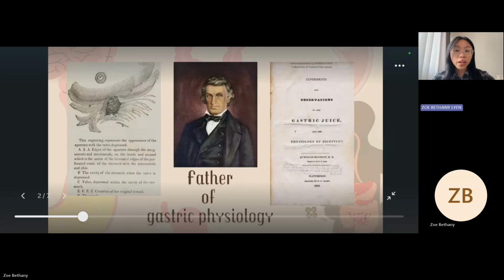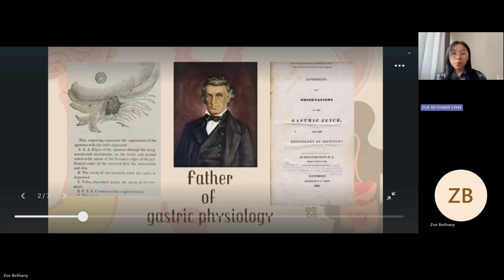To begin with, I would like to briefly introduce our pioneer in gastroenterology, Dr. William Beaumont, who is the father of gastric physiology. Dr. Beaumont was a U.S. Army surgeon in the early 1800s. His most significant contribution came from his unique opportunity to study digestion directly in the human body through a gastric fistula in a patient named Alexis St. Martin.